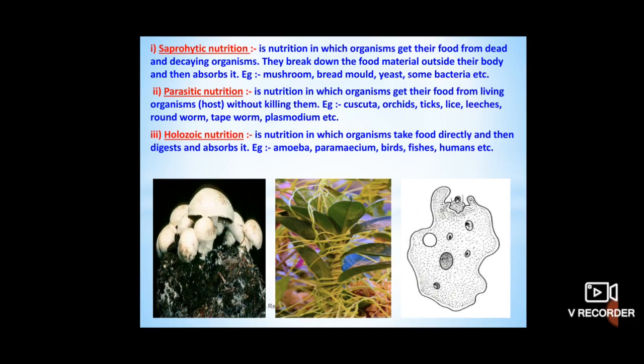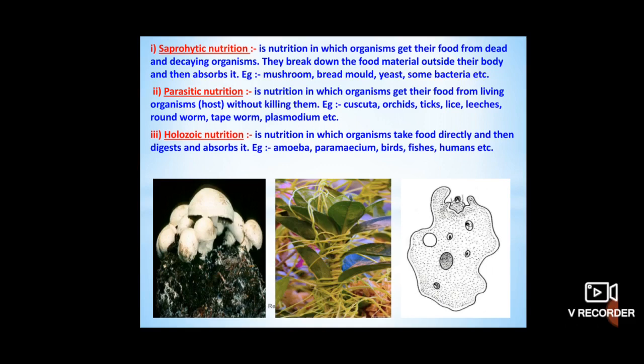The best example for the parasitic mode of nutrition is Cuscuta. It is a kind of plant. And leech. So leech is one kind of organism that consumes the blood of our human body and other organisms.